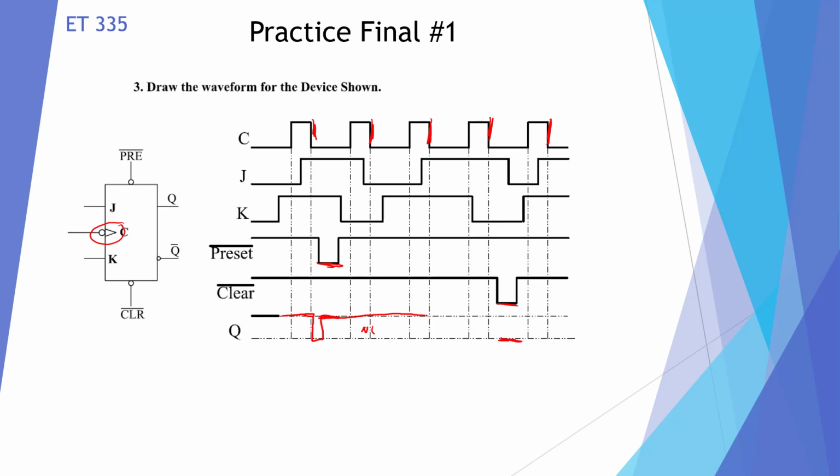Then we're going to go to the next one. It's going to be a toggle, high, high. Then we're going to go over to the next clock, and it is going to be a J, 1, 0, so it's going to go to set, immediately go to reset, and the next clock is going to be a 1, 1, so we're going to toggle.